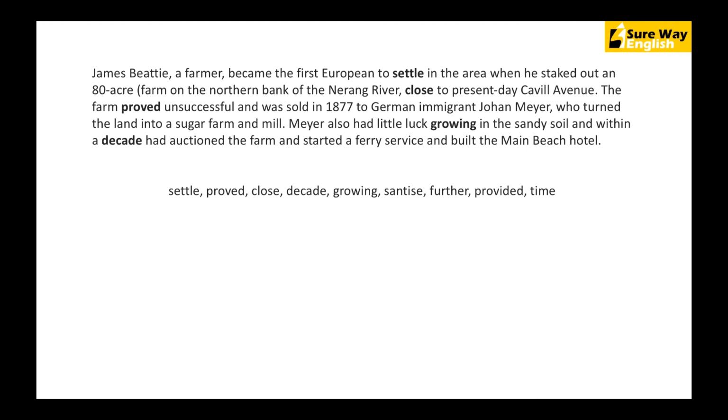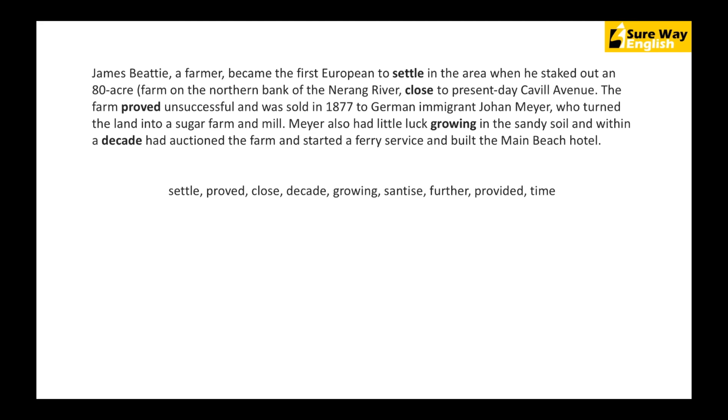Out of all the blanks that are there, settle, yeah, you can settle in the area. You can sanitize. No, you can't sanitize in the area. You can sanitize the area. So out of all the options, the only one that fits in that a European can do in the area is settle. So that's your first blank.